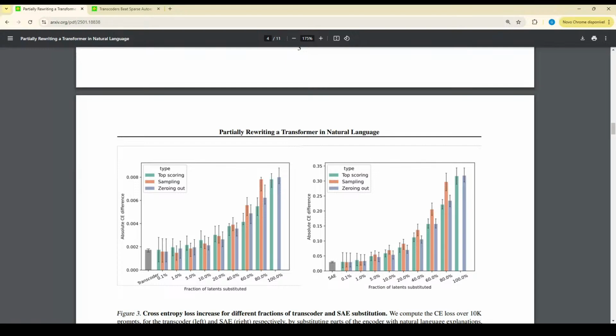One way is that you just randomly select what latents you want to substitute. The other way, which is clearly better, is that you just substitute the latents that you're the most certain about the explanations. Independently from this procedure, we generate a score for the explanation of each latent, and then we are able to rank.